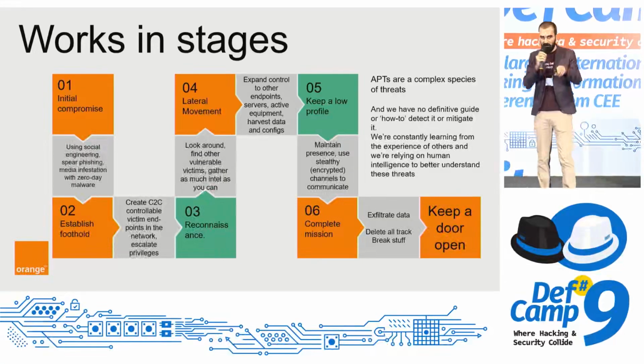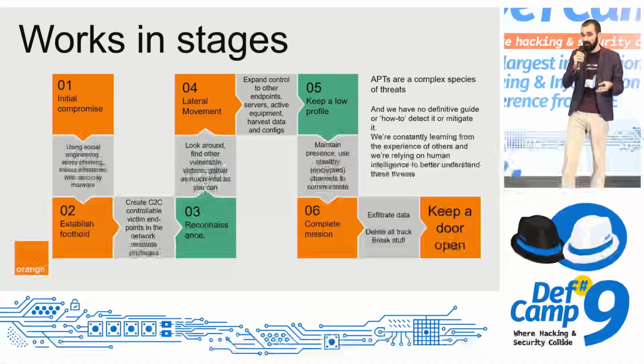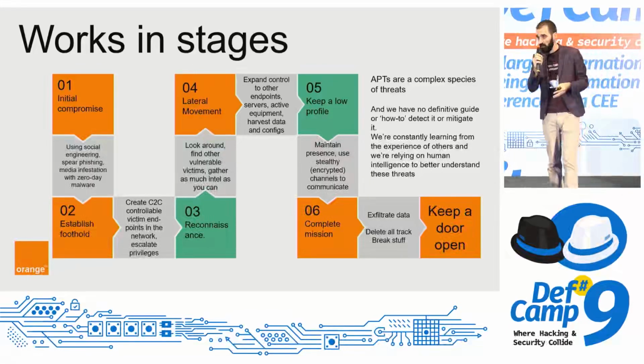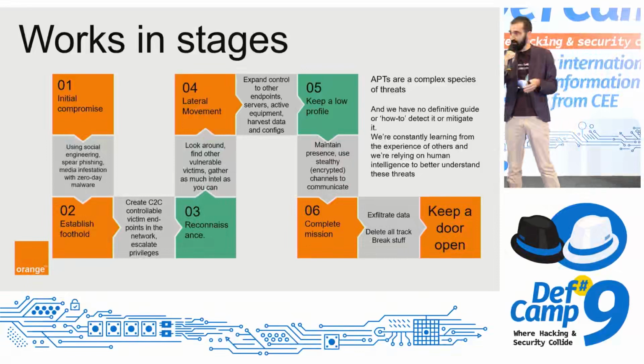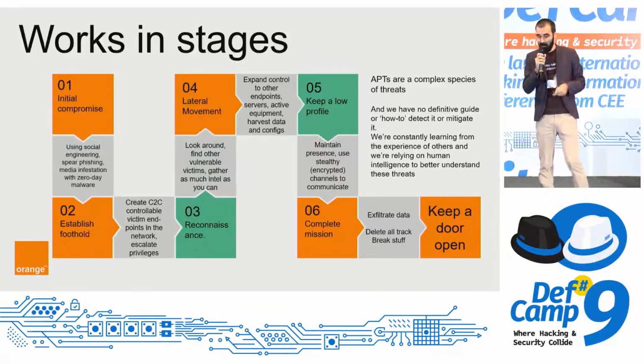And this is the really bad thing it does. It uses privilege escalation. It uses some form of exploits, in some cases 0 day exploits, things that cannot be detected as easily with traditional methods. It does keep a low profile.